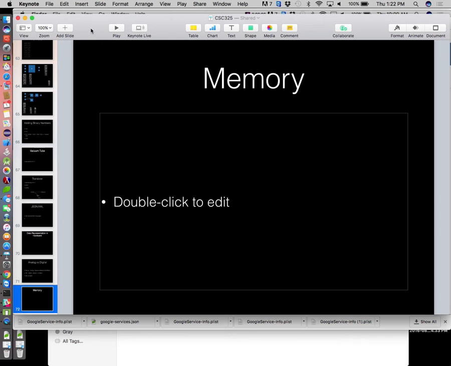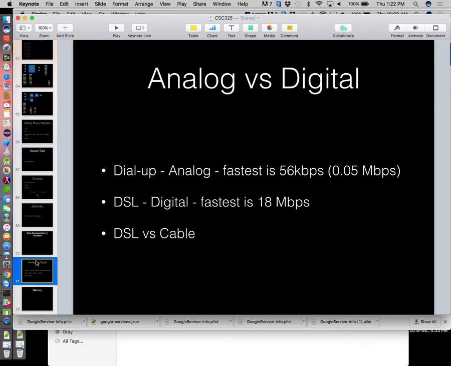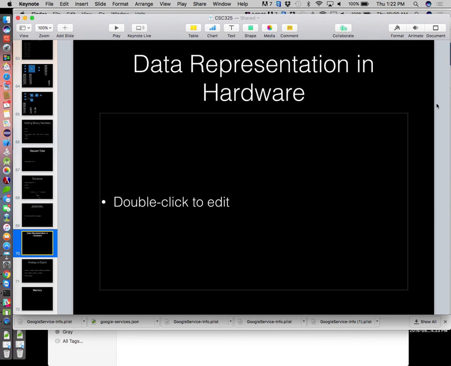Okay? So we want to talk in more detail this time about the various types of system memory. Let's see, did we talk about data? Okay, so we had the slide up last time. When we think about memory, at the end of the day, what we're thinking about is how do we represent a 0 and a 1?